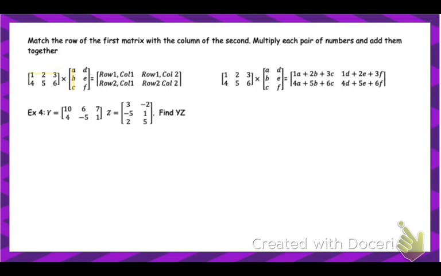So the answer, whatever operation I do, is going to go in the first row, first column. Then if I take the row of the first times the column of the second, that's going to go kind of at the intersection of those two, the first row, second column.